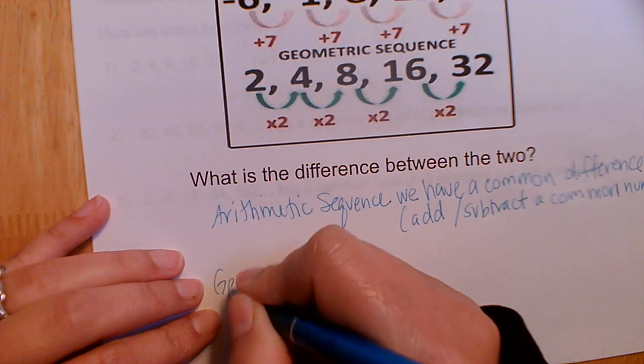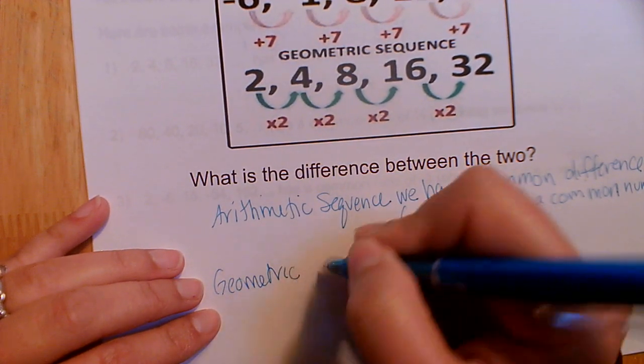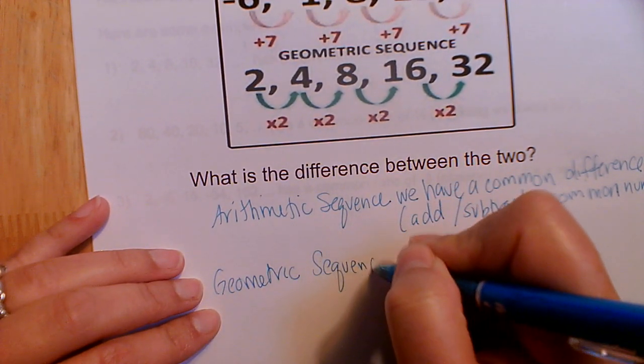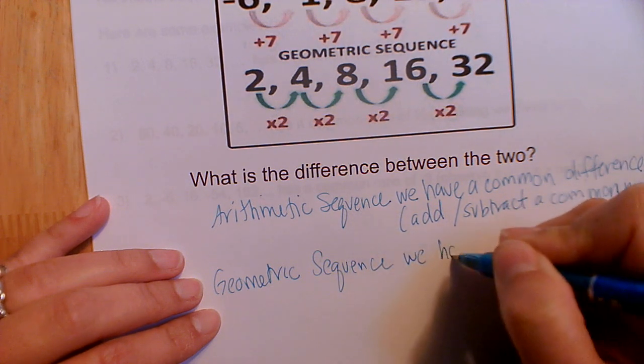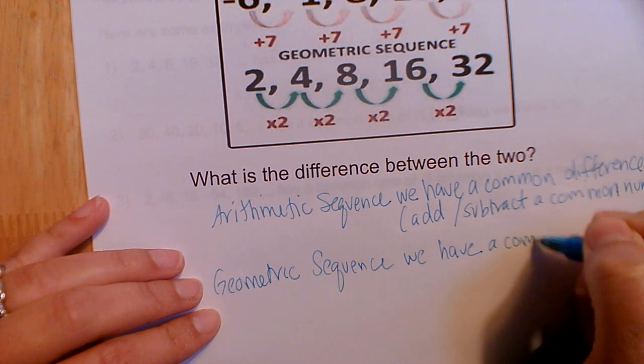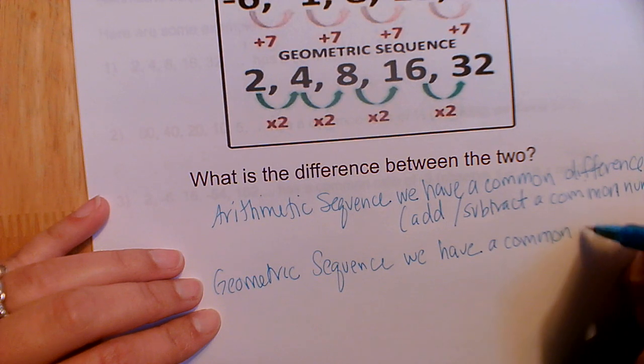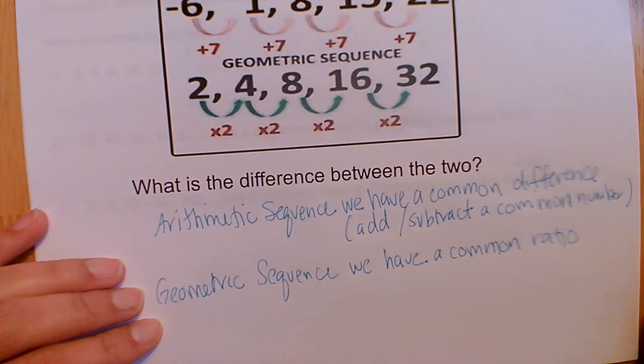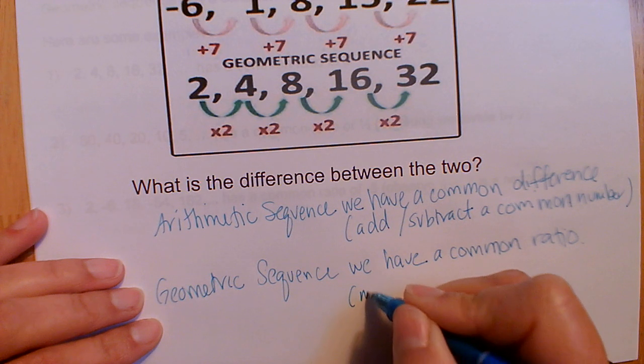Okay, in a geometric sequence, we have a common ratio. And in a common ratio, we multiply.